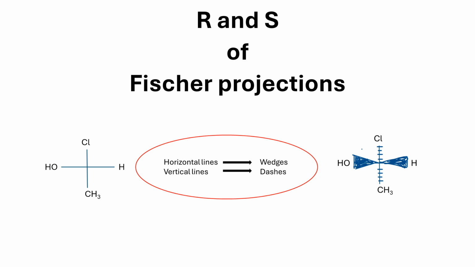My chlorine and methyl groups are in back, so that's why they are written as dashes. My hydrogen and OH groups are written as wedges because they are in front. So keep in mind that horizontal lines are wedges, vertical lines are dashes. When you assign or finalize R and S, this is very important.